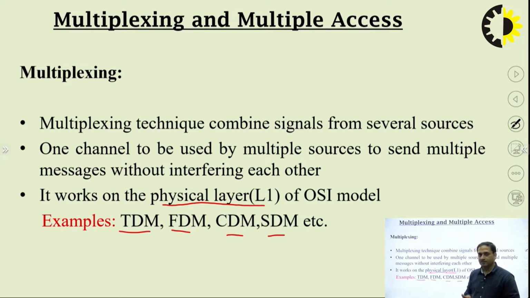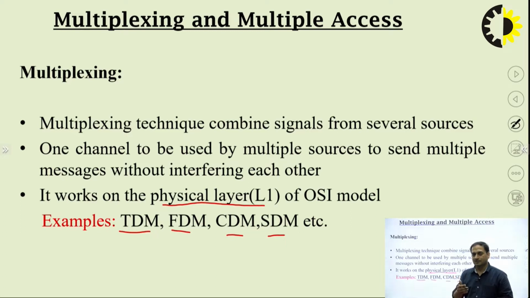In code division multiplexing, different codes are allocated to the different users, and then the signals are combined using multiplexing. In space division multiplexing, different directional antennas are used for receiving or transmitting the signals, which are combined and passed through one channel.